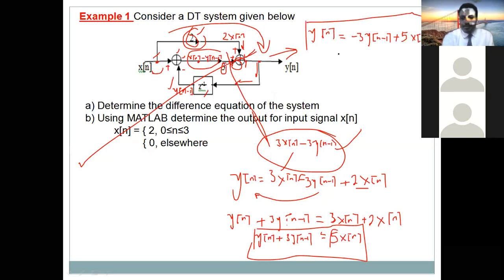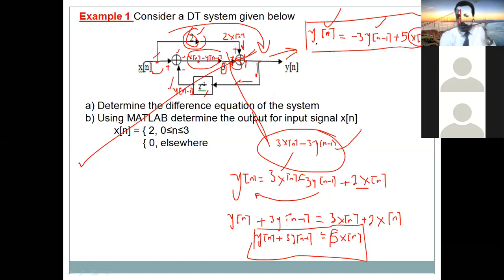In this system, the output at present time n depends on 2 things. What is y of n minus 1? The output, the past value, which is stored in the memory. The present output depends not only on the input, x is our input.